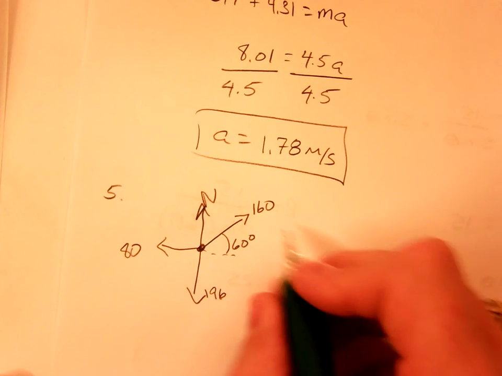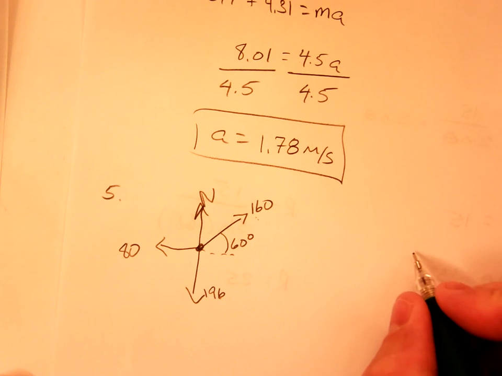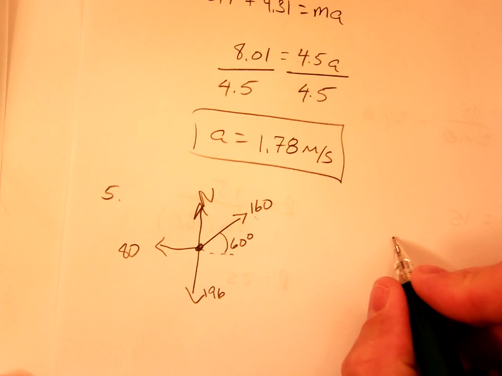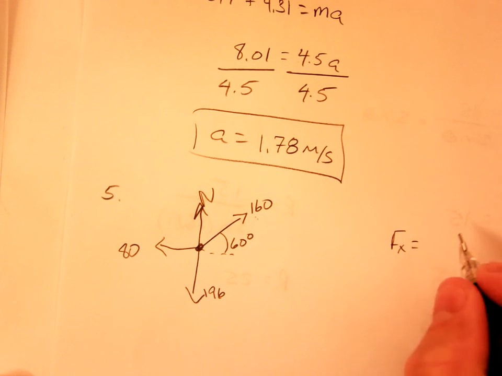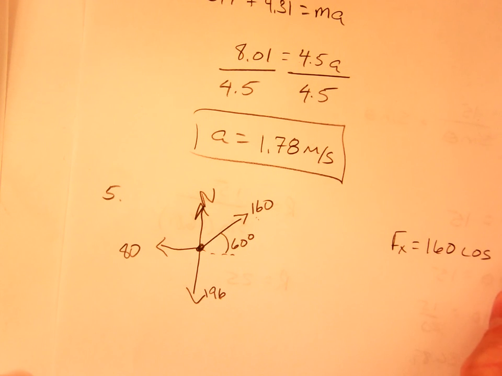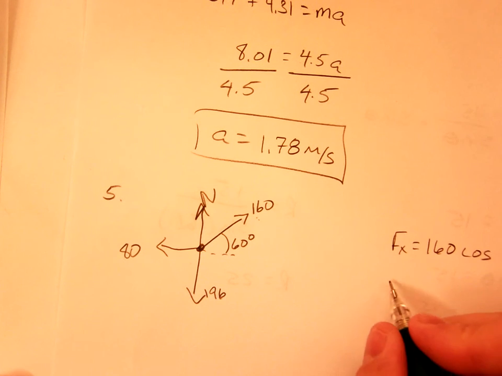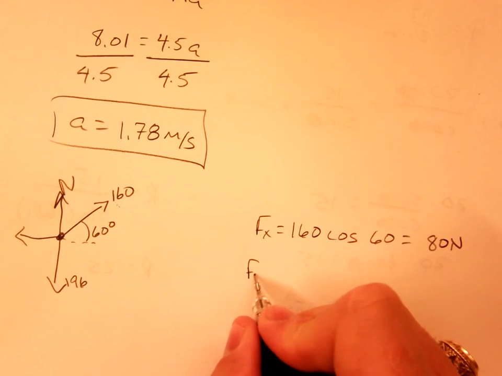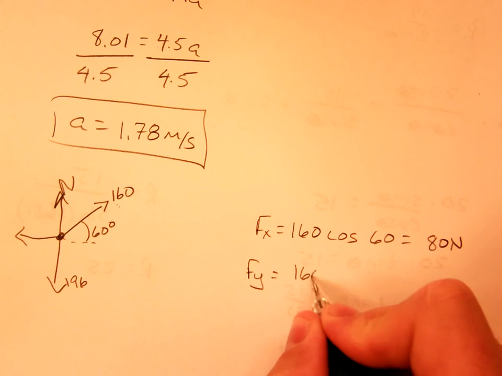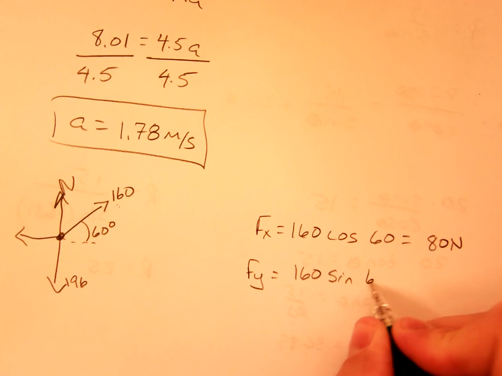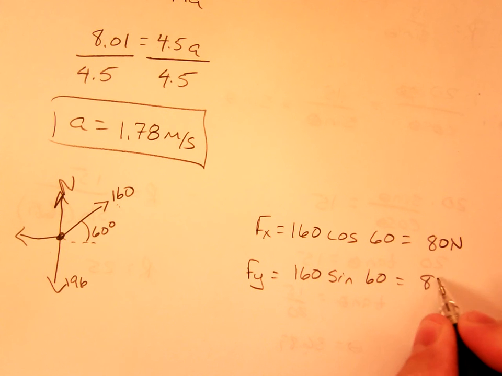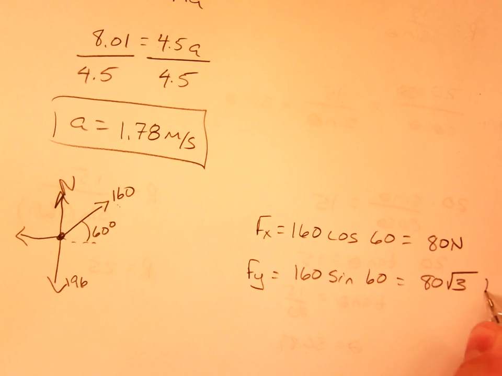So let's break this one down. So 160, we'll call it force in the x, is 160 times cosine of 60, which comes out to 80 newtons. And then in the y direction, I get 160 times sine of 60, which is 80 times the square root of 3 newtons.